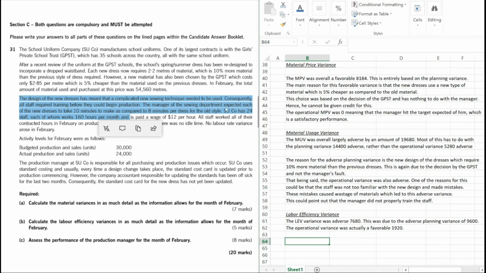Okay, so it says the manager of the sewing department expected each of the new dresses to take 10 minutes compared to the 8 minutes for the previous dress, right? The old style. Okay, so once again, the reason for the adverse planning variance is due to the new dresses requiring a new sewing technique which staff were unfamiliar with.